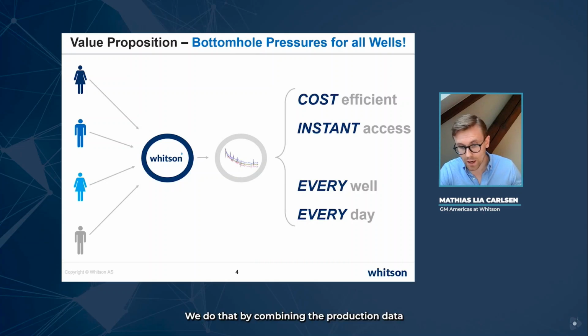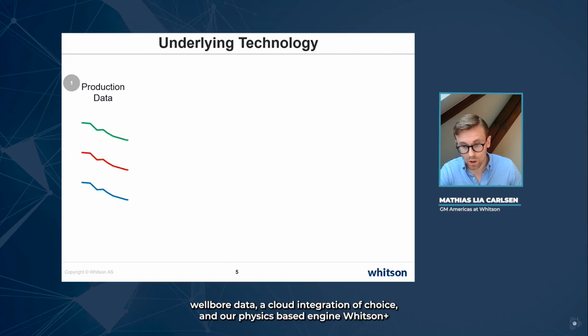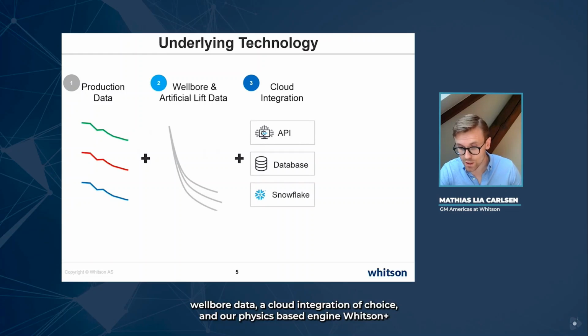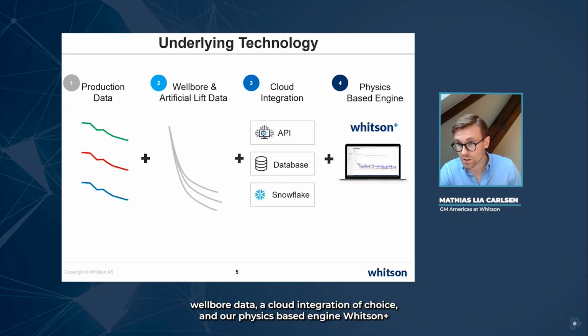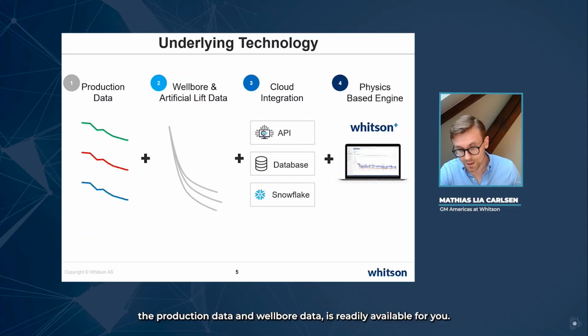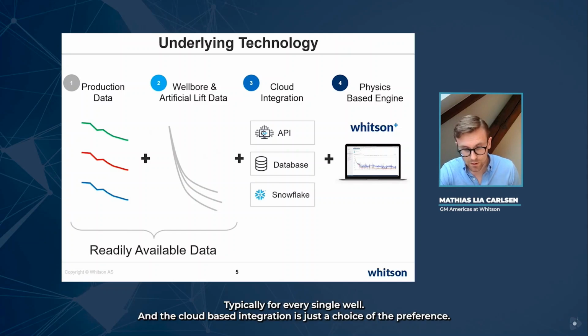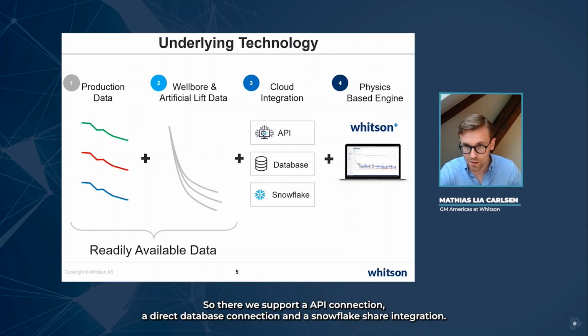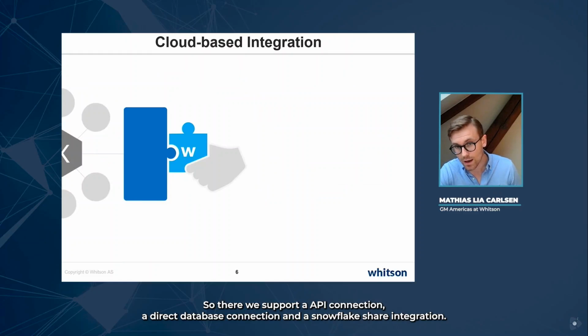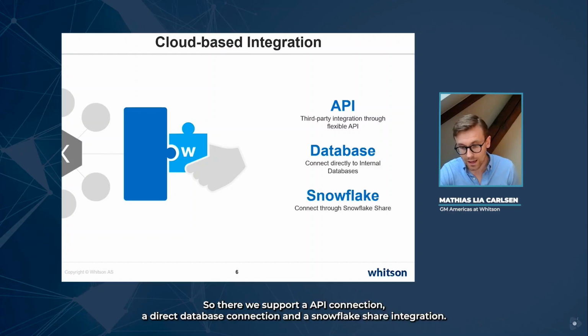We do that by combining production data, wellbore data, a cloud integration of choice, and our physics-based engine Whitson Plus. The production data and wellbore data is readily available for you, typically for every single well, and the cloud-based integration is just a choice of preference. So there we support an API connection, a direct database connection, and a Snowflake share integration.